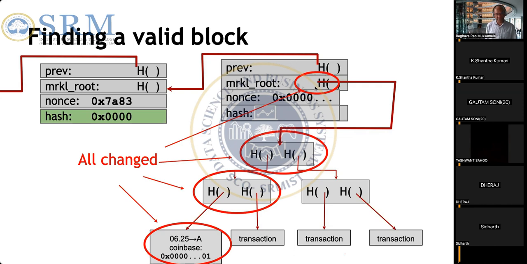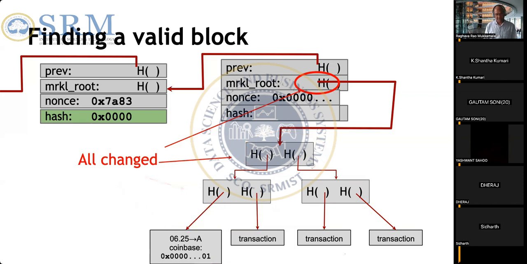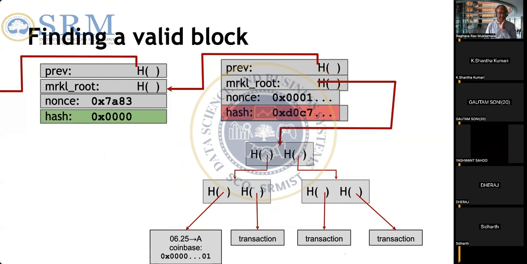So again, you will compute the Merkle root, and then start doing the computation, and then let's say you keep on trying, and again we will start increasing the nonce here, and you will go up to the last value. This is the 4-byte value, 32,000, and then you don't get it, and then you will come back and you will again update the coin-based transaction.